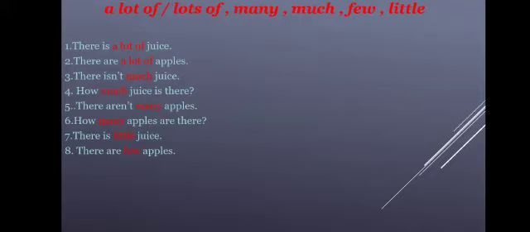Here also we use how many. It comes before the plural noun. So many comes before the plural noun in negative and in questions. So a lot of and lots of are used in affirmative before plural or uncountable, but in negative and question we use many or much. Many before the plural, much before the uncountable.